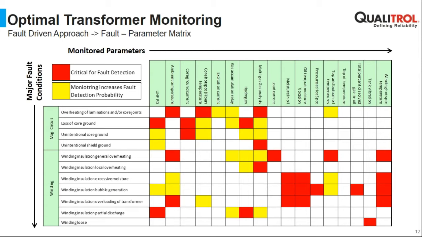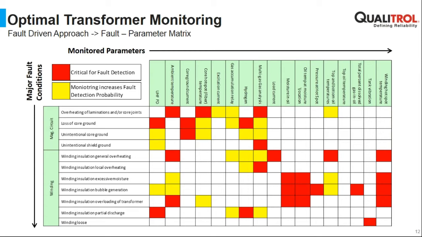That gives you another hint related to that type of fault. Or if you have a big gas accumulation, the gas accumulation relay will also give you an idea about that. So the more parameters you have, the more certain you are about what you're looking into.